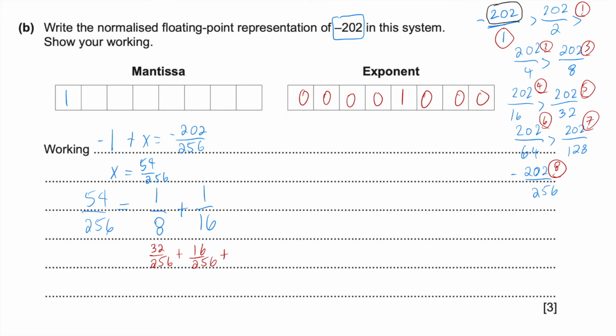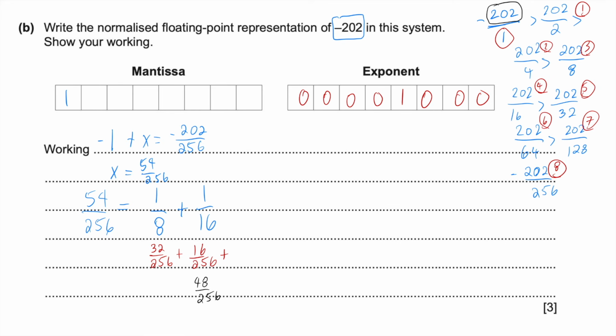1 over 32 is going to be 8 over 256. But right now we are at 48 over 256, right? So we need to get fractions that give us 6 more out of 256. And 1 over 32 is 8 over 256. That's too much.